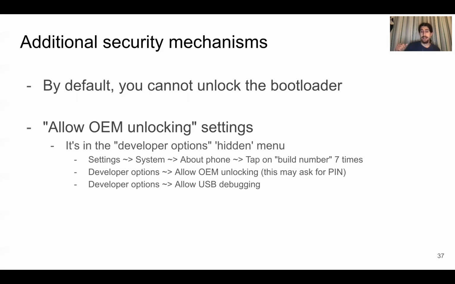They try to make sure that in order for an attacker, or for somebody, to unlock the phone, you need to go through the settings and do OEM unlocking. They ask you the PIN, the phone needs to be unlocked, and then you need to reboot it and so forth. And then even if you do it yourself with all the security things, they also wipe your data. So they really try to make sure that there is no sensitive user data with the bootloader unlocked without the user noticing it.